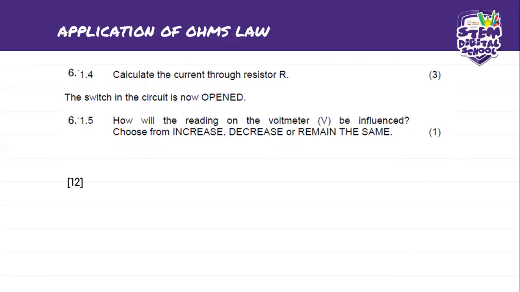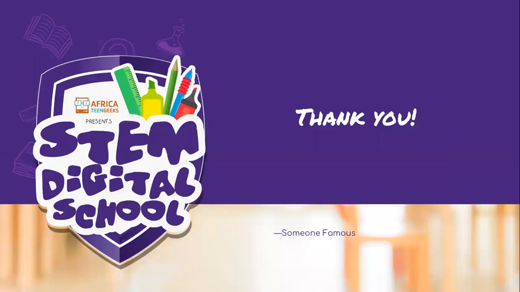So now they've opened the switch. And 6.1.5 says, how will the reading on the voltmeter be influenced? Choose from increase, decrease, or remain the same. Okay. So that is what you guys have to learn.